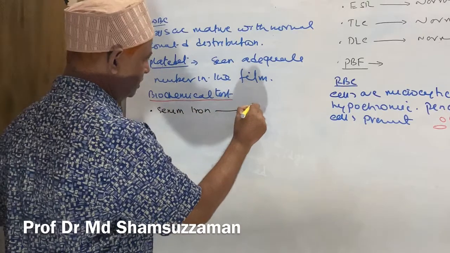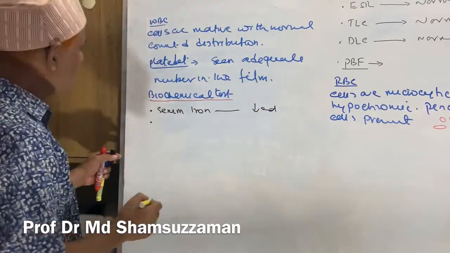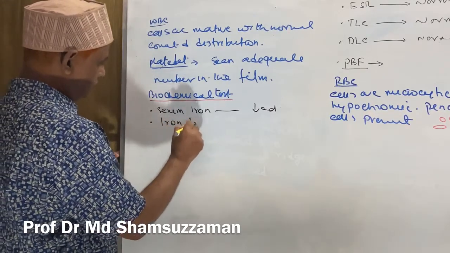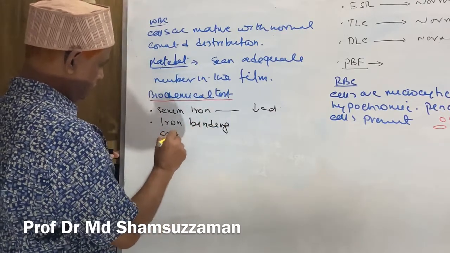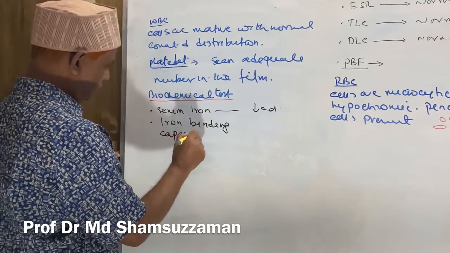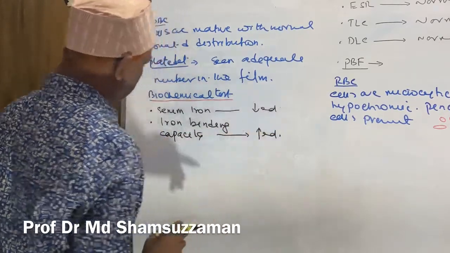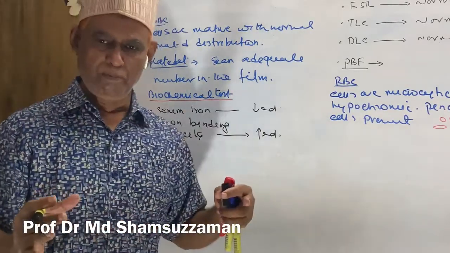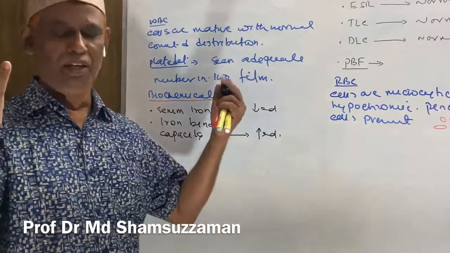Serum iron will be decreased. Then iron binding capacity. Iron binding capacity will be increased. Definitely, there is iron binding capacity of plasma. If iron is decreased, binding capacity will be increased.